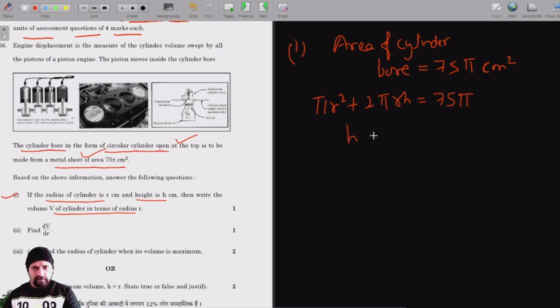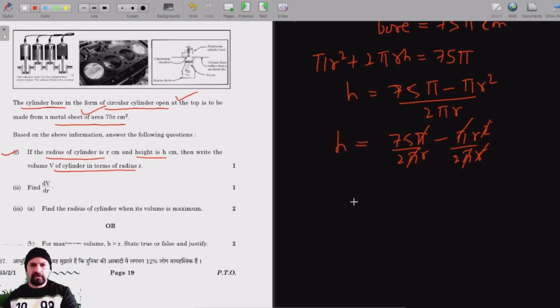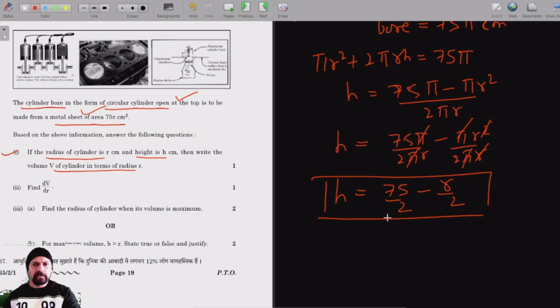So this gives us h is equal to (75 pi minus pi r square) upon 2 pi r. This is now h equal to 75 pi upon 2 pi r minus pi r square by 2 pi r. So pi and pi get cancelled, and so height is equal to 75 by 2r minus r by 2. This is the height.